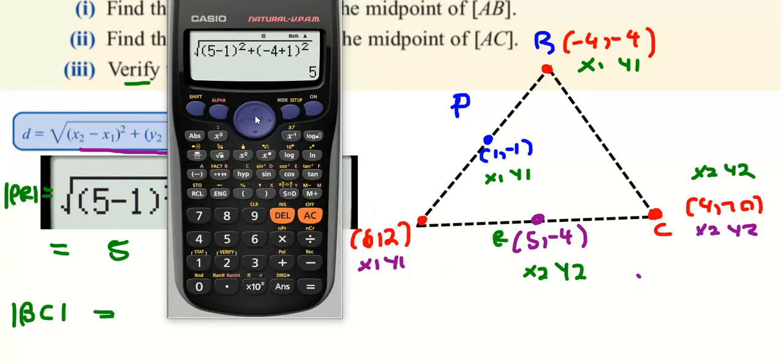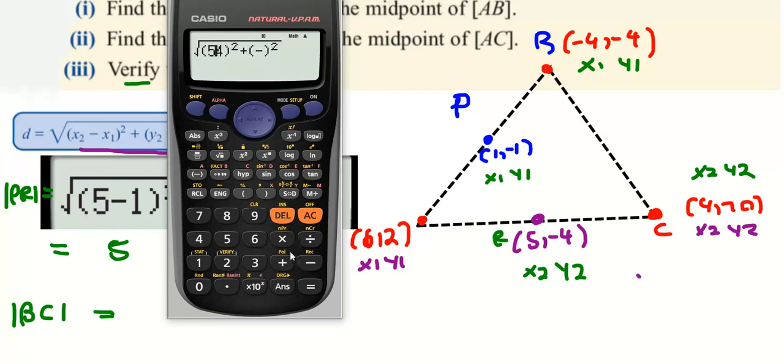Let's go. Okay, what goes in the x2 position? 4. And what goes in the x1 position? Okay, delete. So what goes in the x2 position is 5, and what goes in the x1 position is minus 4. What happens when you have 2 minuses beside each other like that?